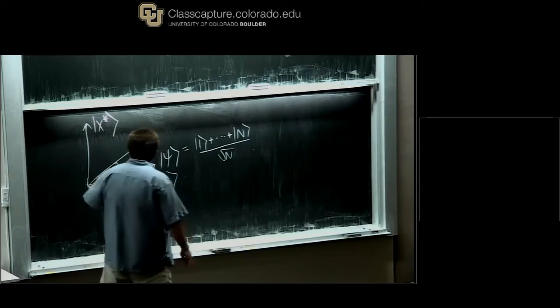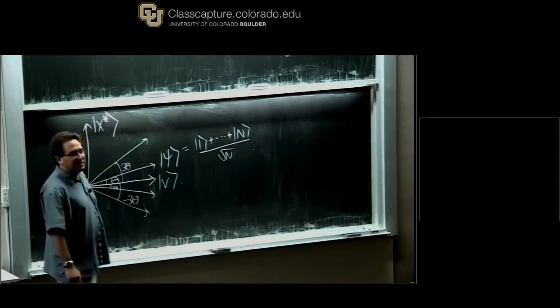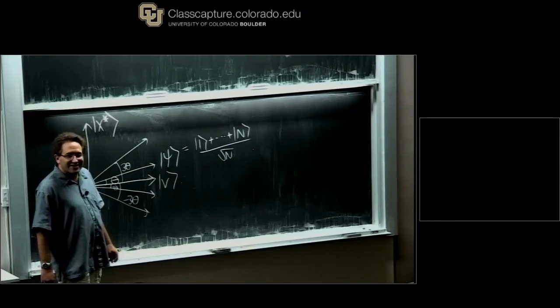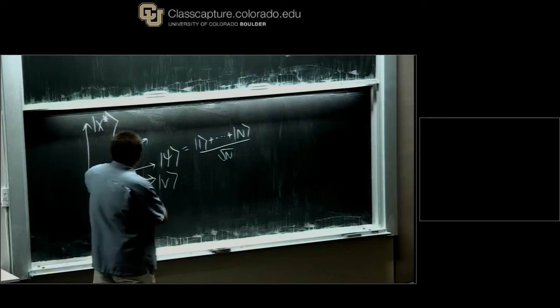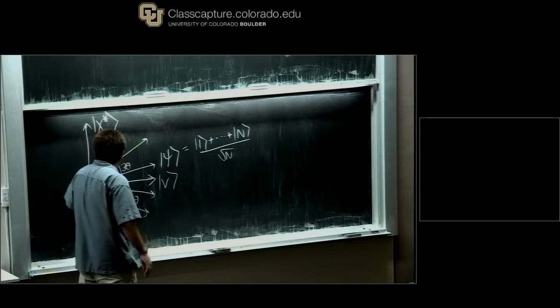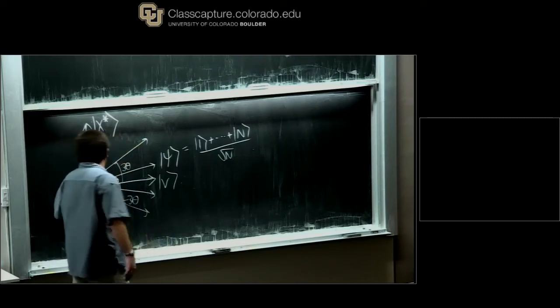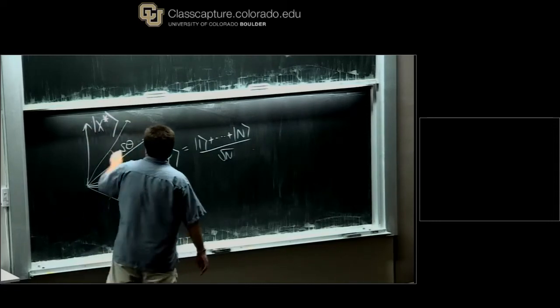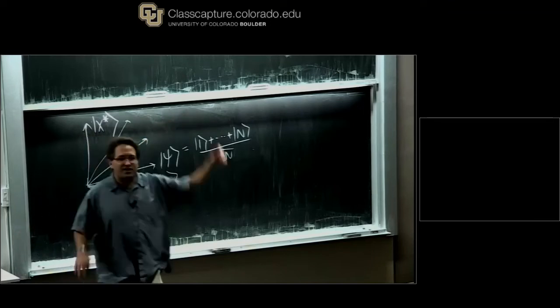Then I flip about theta again, and now it becomes 5 theta, because there's a 4 theta distance between this and this. I flip about this, I get 5 theta. So I get 5 theta, 7 theta, 9 theta, and so forth.